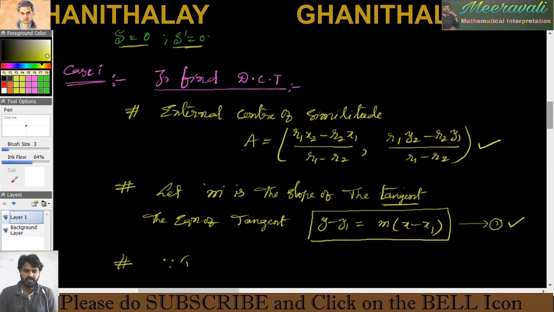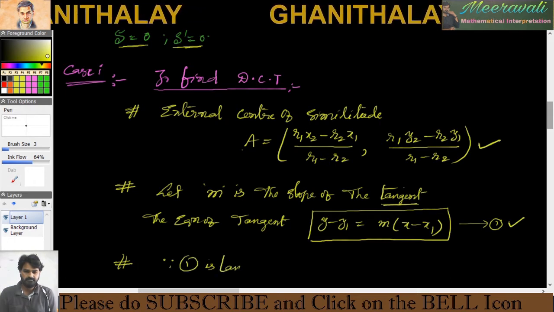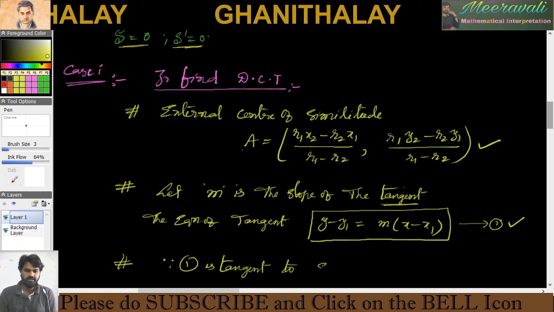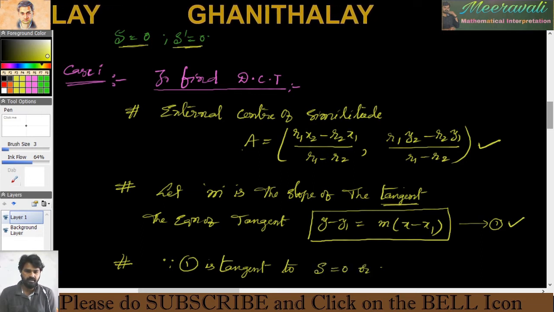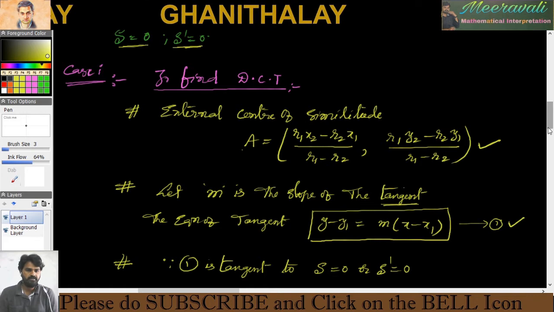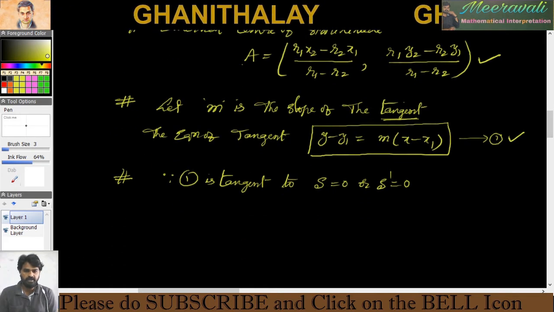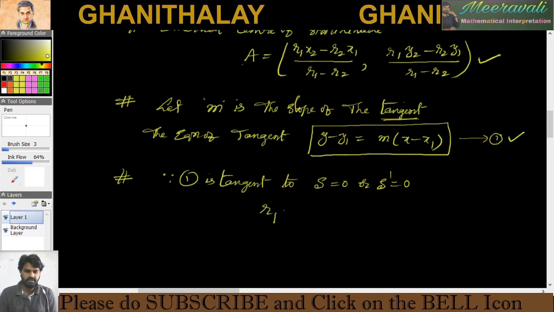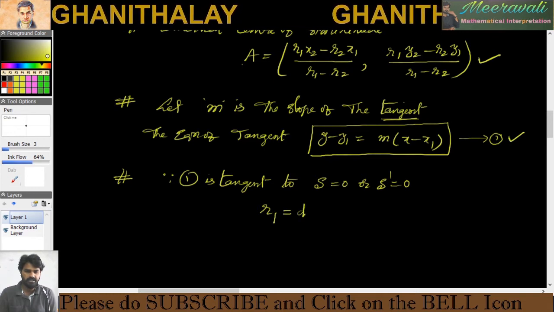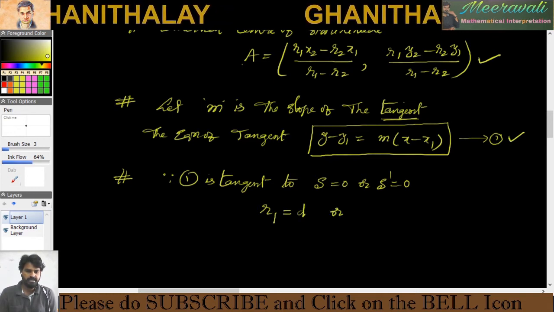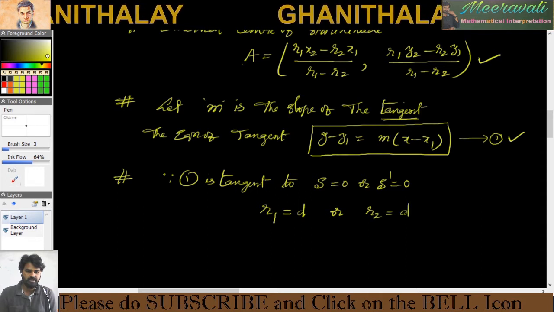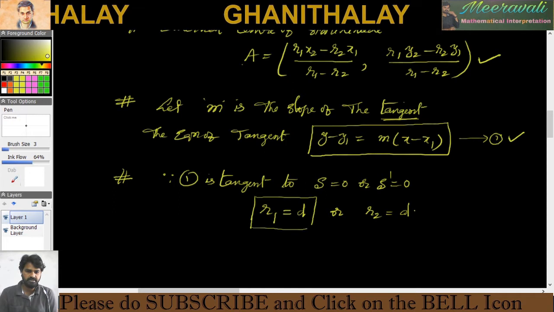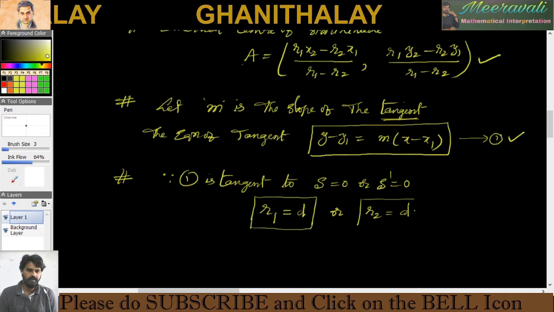Since 1 is tangent to either S equals 0 or the circle S dash equals 0, you can use the property r is equal to d: if you use the first circle, then r1 is equal to d, or if you use the second circle, r2 is equal to d, where d is the distance of the center from the line 1.